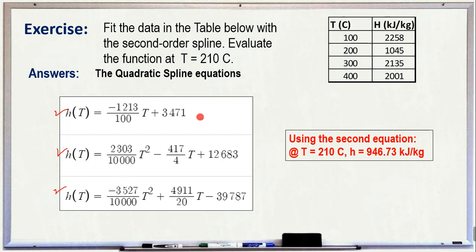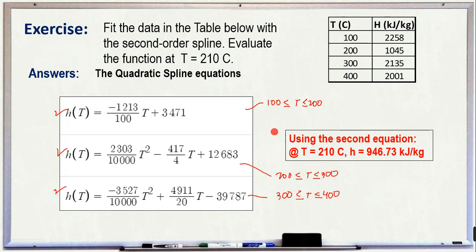By the way, I forgot to put here the domain. So for our first spline equation, this is valid from 100 to 200. For the second one, this is valid from 200 to 300. And this one is valid from 300 to 400. So that's it.